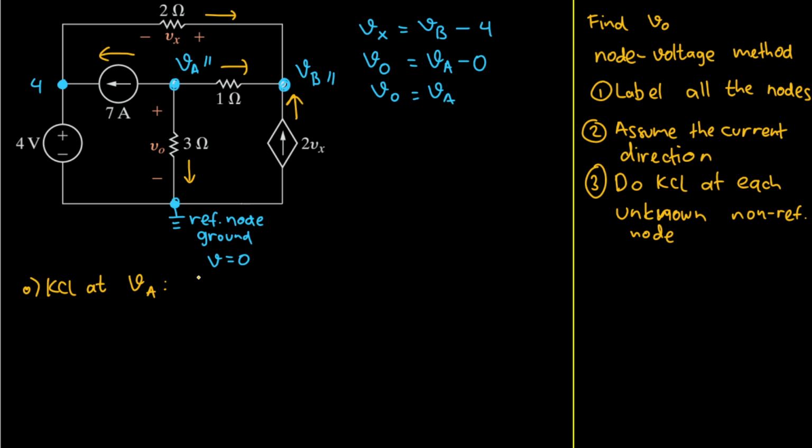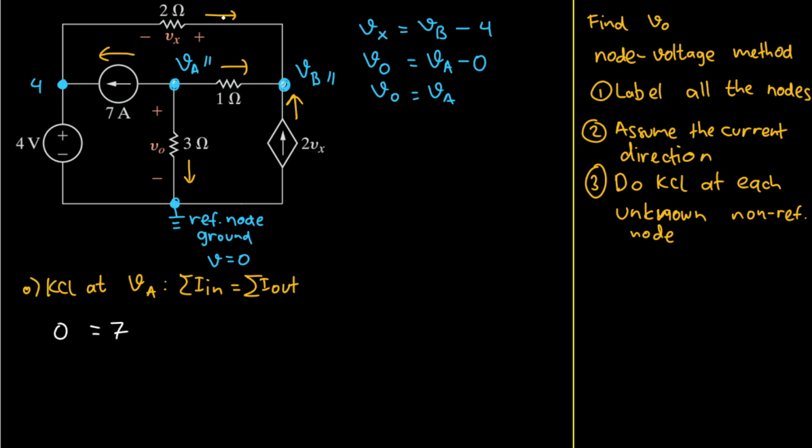What does KCL say? KCL says that the sum of the current that goes in will equal the sum of the current that goes out. There are no currents that go into this VA, so I will have 0 here. But then we have a current source here that will be exactly 7 ampere, so we'll have 7 here.